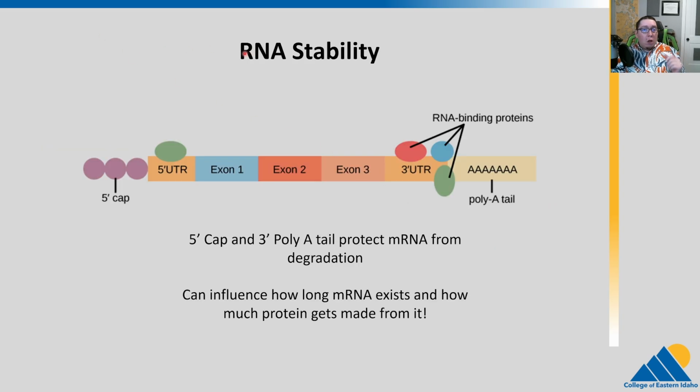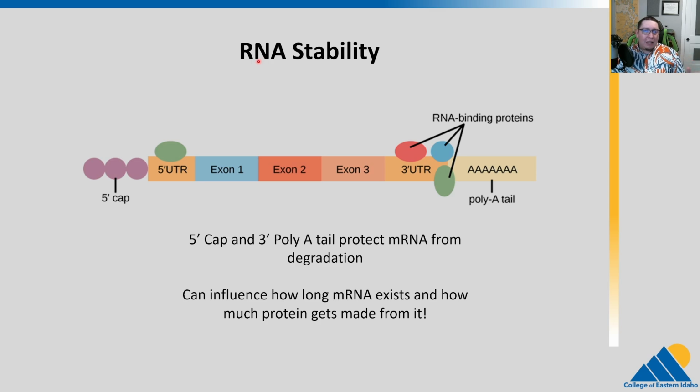All right, so also another aspect of this is not just splicing, but is the mRNA continuing to exist? We call this mRNA stability. If your mRNA gets degraded, it can't be made into protein. Now, it might seem strange to make an mRNA and then degrade it right away, but as long as it works, as long as the organism doesn't go extinct, that's a form of regulation.